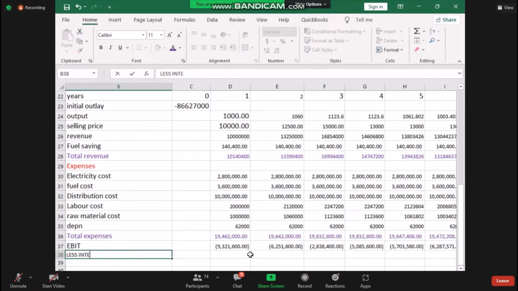Where are you going to get it from? You're going to get it from a loan amortization schedule that we looked at. If they're kind enough and they give you the interest amount for each period, then we just pick on that amount you've been given and then you put it in these different years. I hope that one is clear.